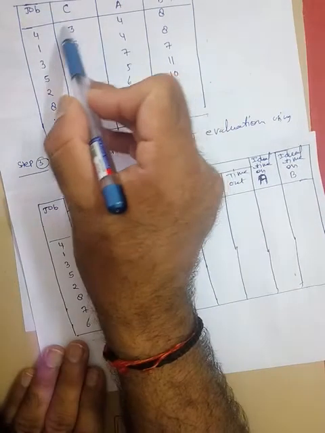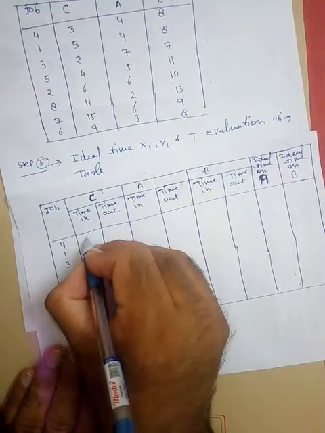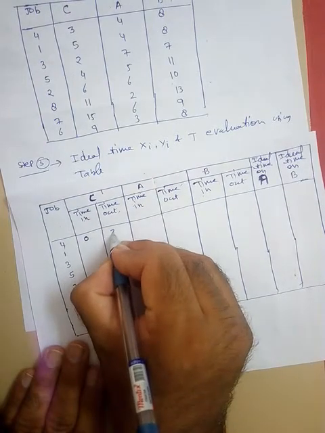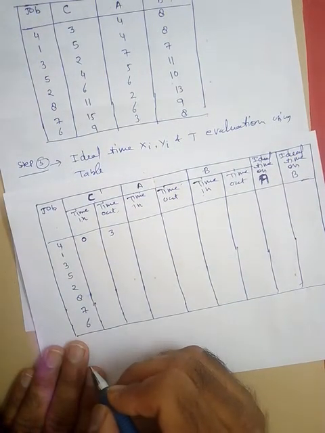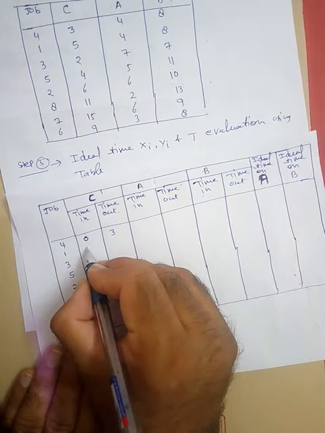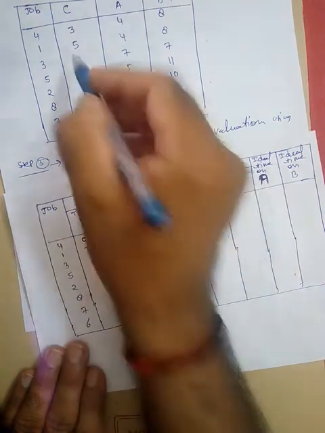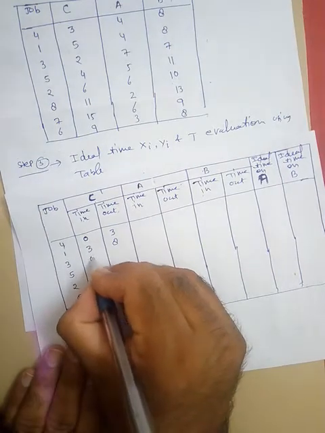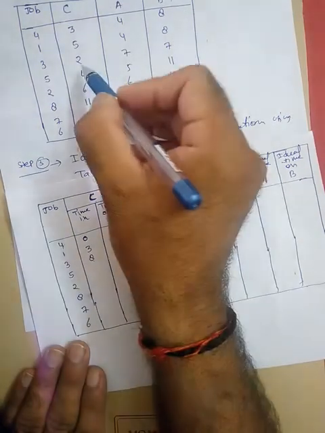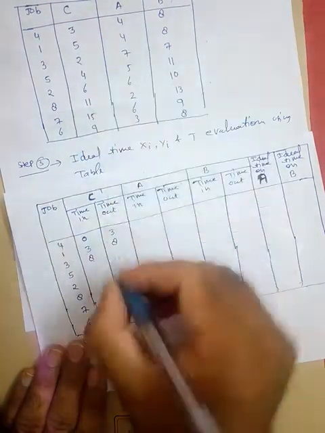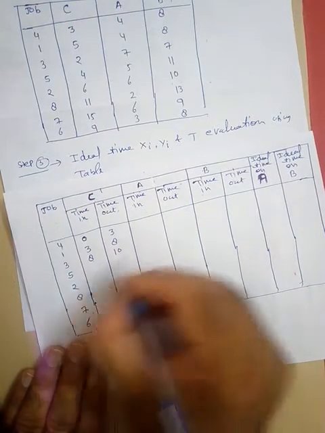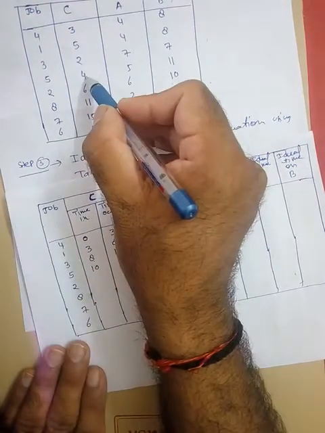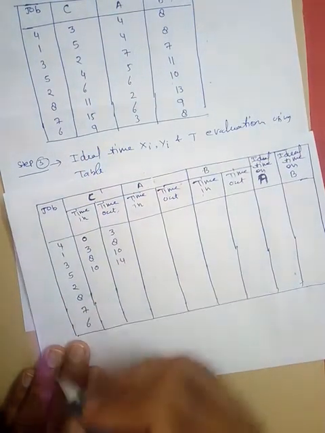Here take 3 hours on this machine, so time in 0, take 3 hours. Fine. Then here time starts with 3 and take 5 hours, so 8. Then starts with 8, it will take 2 hours, so 10 hours. Then start with 10 and then take 4 hours, so 14 hours.